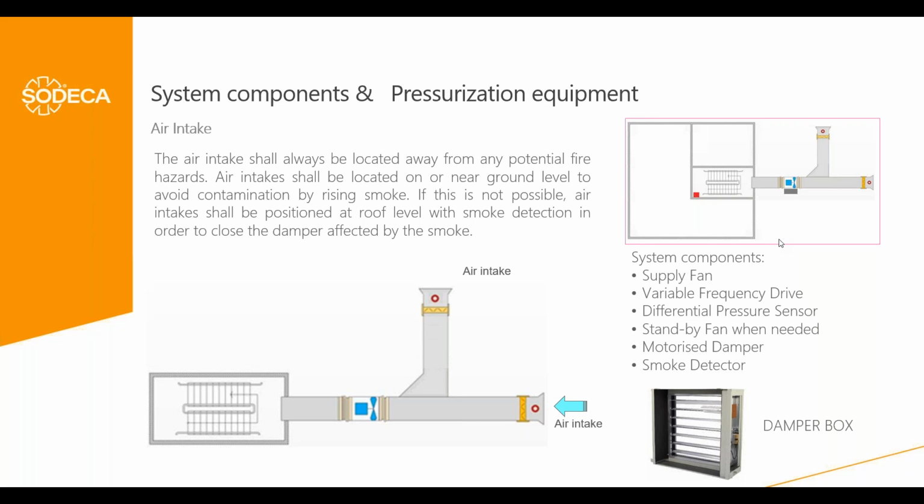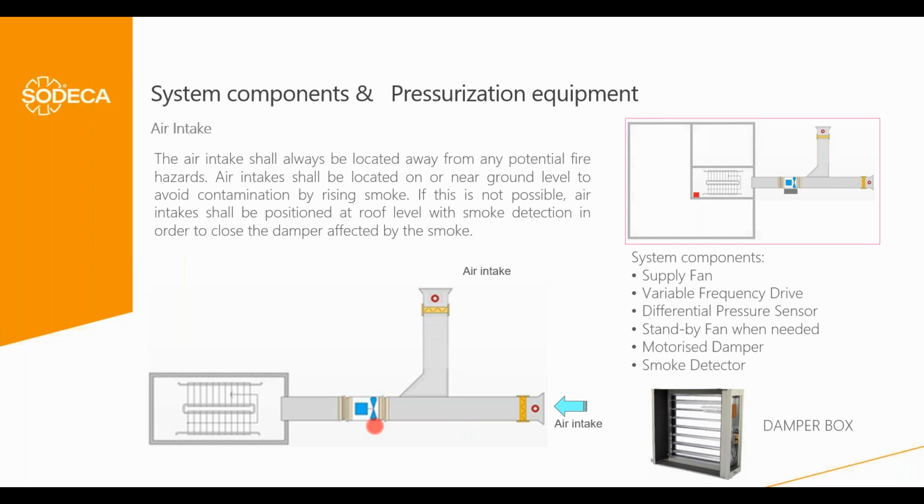Typically we install in the ground level, a place with less risk of contamination, but it's still necessary to have an air intake with a smoke sensor and motorized damper, so that in case of contamination, the system will close the damper and stop the fan.